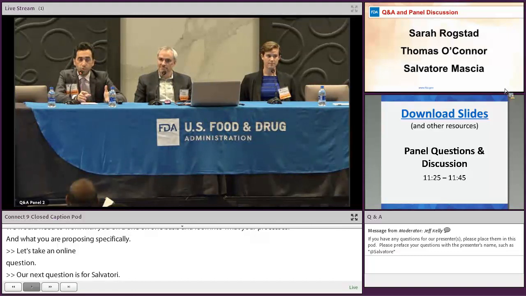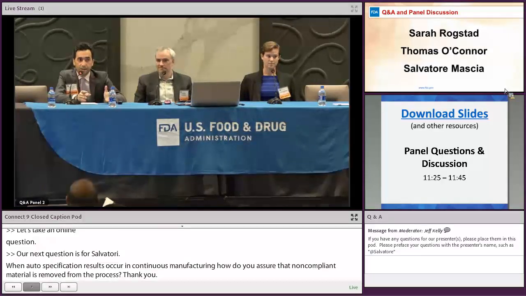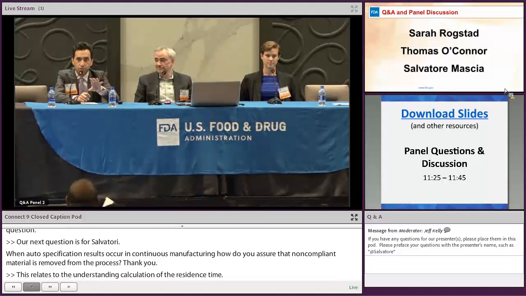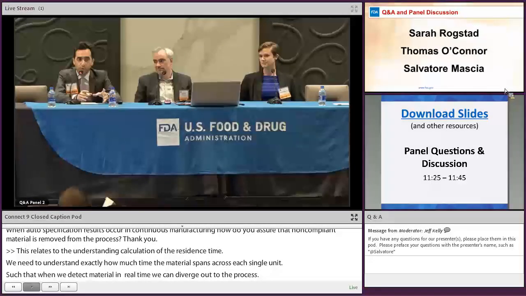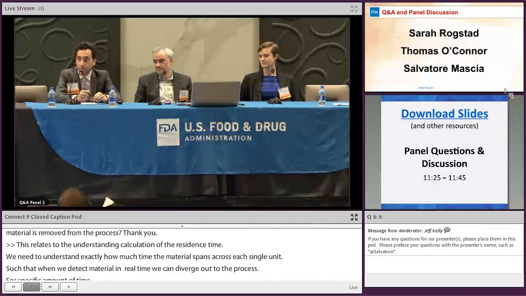We need to understand exactly how much time the plug of material spends across each single unit operation, such that when we detect non-conforming material in real time that doesn't meet specification, we can divert this material out of the process for a specific amount of time such that it is not carried forward. So it's importantly dependent on the residence time of your process.